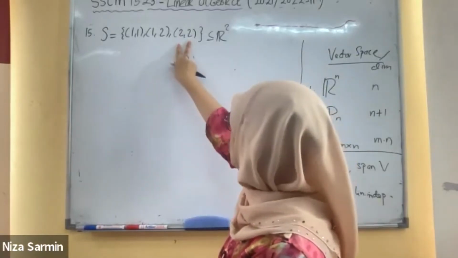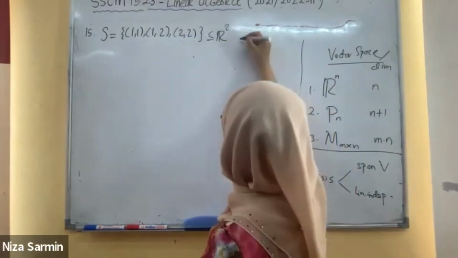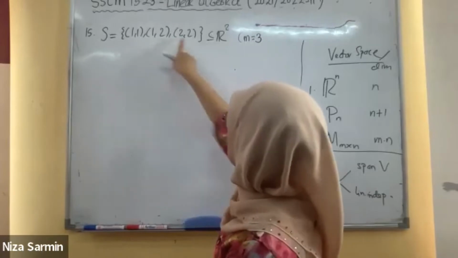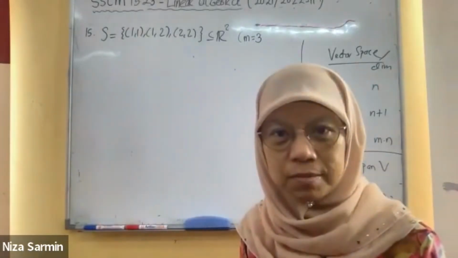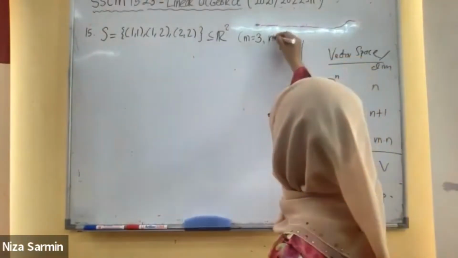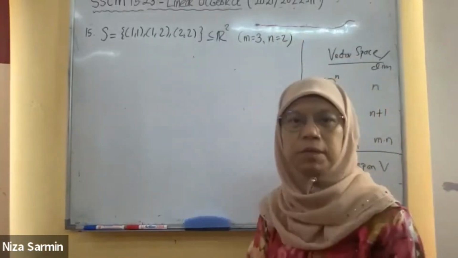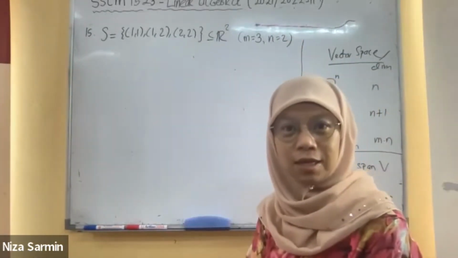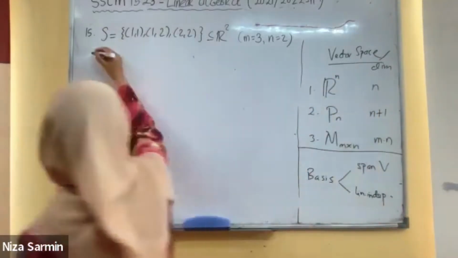So this is 2, and in this case M is 3 because there are 3 of them. M is 3, N is 2. So M is bigger than N, so we know it is not linearly independent. Clear.